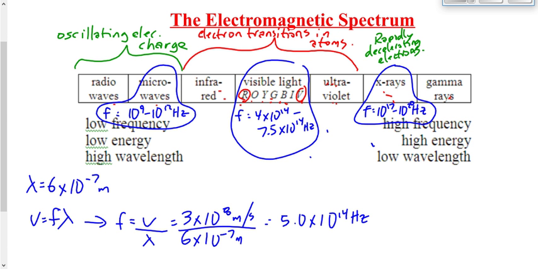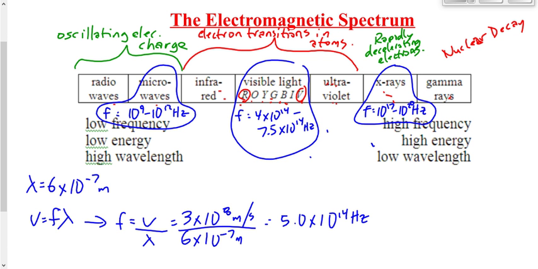Last one, gamma rays. Gamma rays are produced by nuclear decay. And when we say nuclear decay, what we really mean is a situation in which matter gets converted to energy. A nucleus splits up. An alpha particle is released, or nuclear fission takes place.